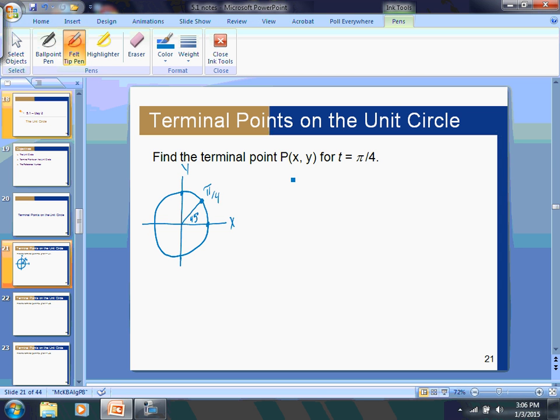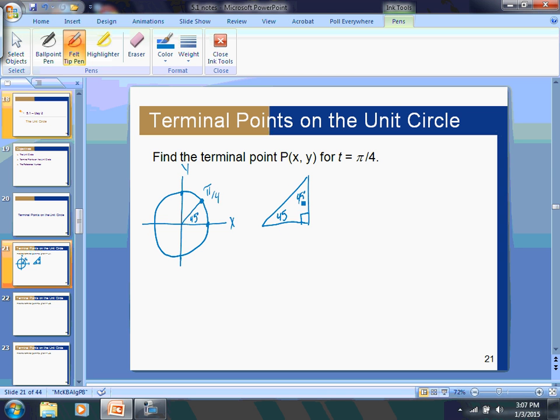Okay, if you think back to geometry, you had your 45, 45, 90 reference triangles, and we used them a lot with Pythagorean theorem, so we could save time and not have to do Pythagorean theorem with 45-degree angles. And then we used them a lot for sine and cosine and tangent as well. But if you have your 45 and your 45 and your 90-degree triangle here, hopefully you remember your side measurements for this type of triangle.